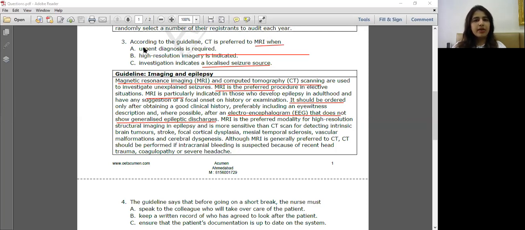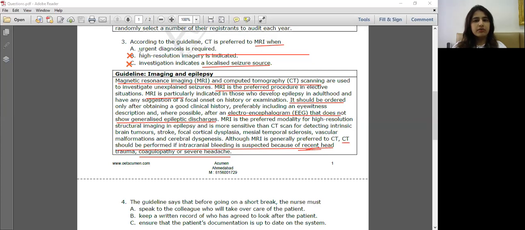So here option C can be ruled out because it is to be done when there is a localized seizure, that is MRI. Then here it says magnetic resonance imaging has a higher resolution, so that is also ruled out. And here it says CT should be performed if there is intracranial bleeding because of recent head trauma, coagulopathy or severe headache.